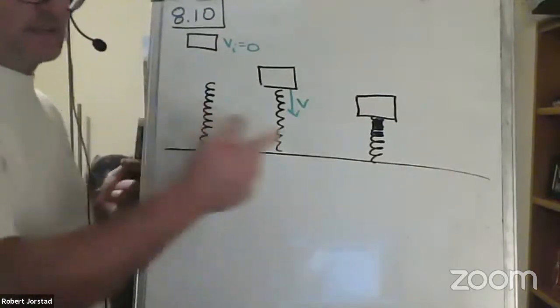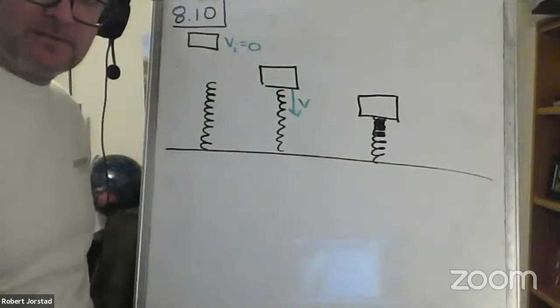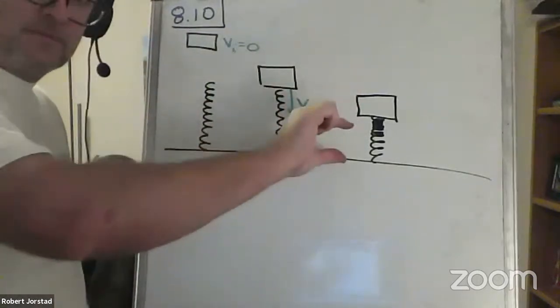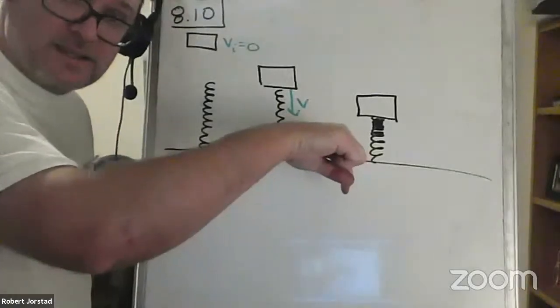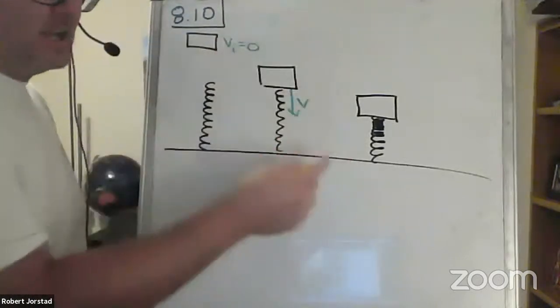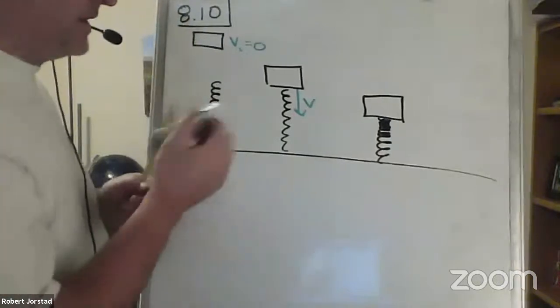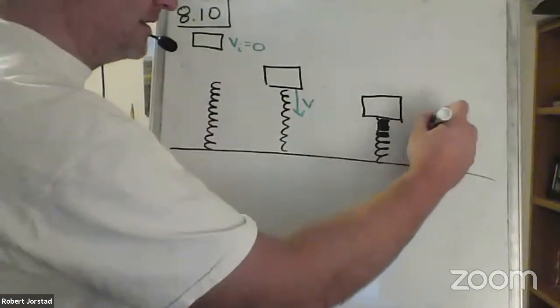And when the spring is compressed the maximum amount, how fast is it moving? 0. Think about it. It's going downwards, and then it slows down to a stop, and then the spring's going to push it back up. So right at the maximum compression, we know that the speed here is 0.